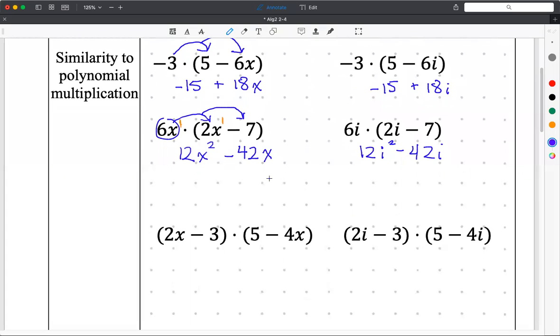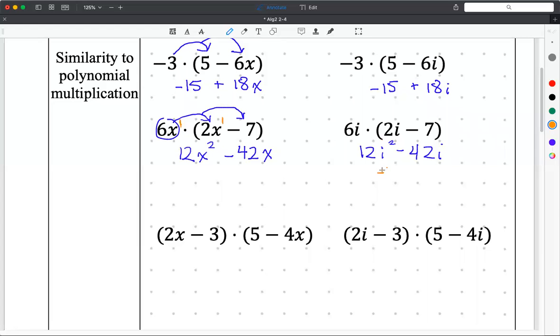Fernando, help us. With which one? What is I squared? I squared? Hold up. It's 0.5, or no, -1, I mean. -1, exactly.